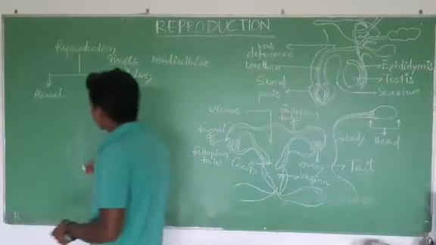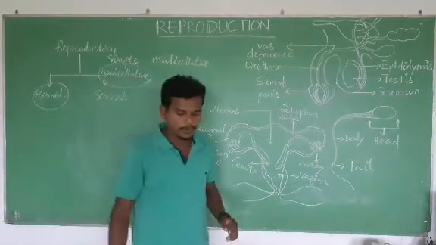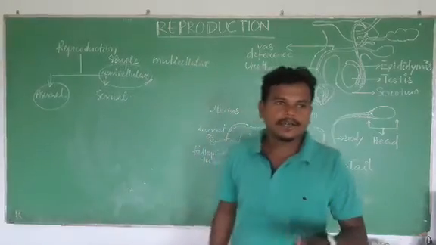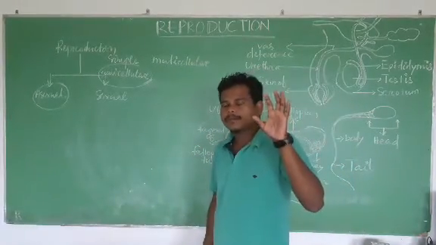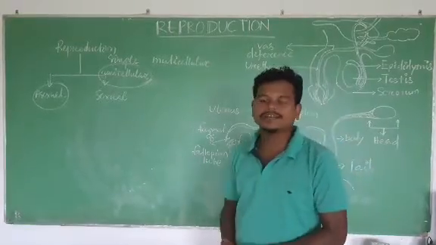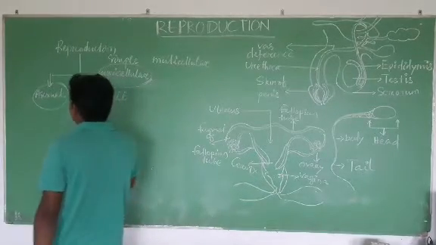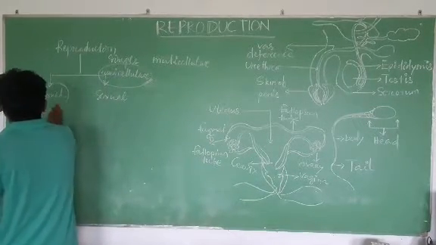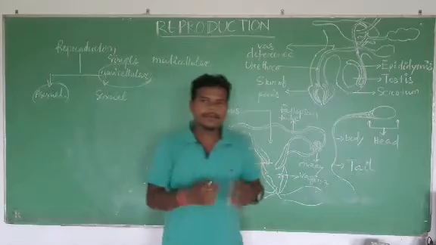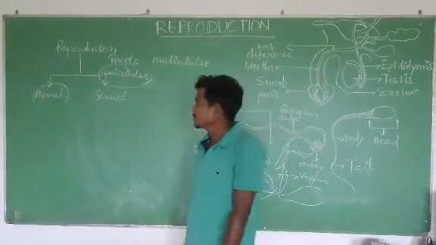Why? Because they have only one cell. Asexual reproduction is the production of a new individual from a single parent cell or single parent organism.